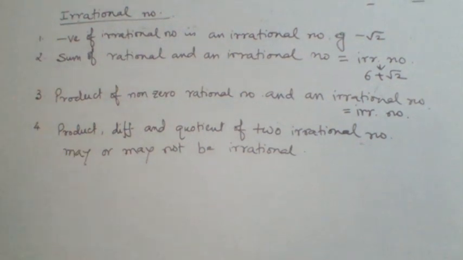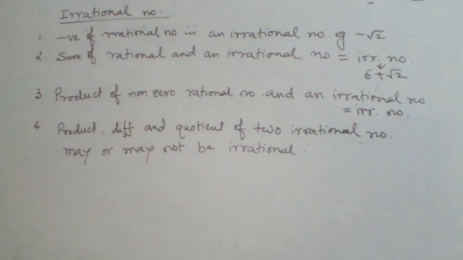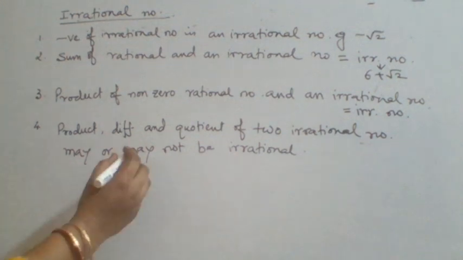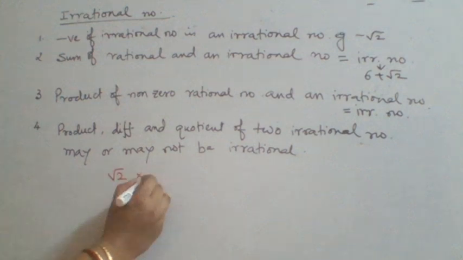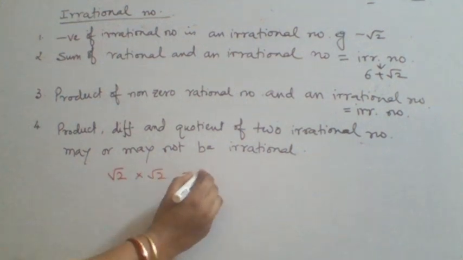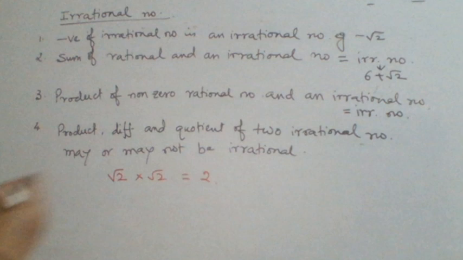Let us see in which cases they are going to be irrational and in which cases they are not. If you take two irrational numbers, say root 2 into root 2, that is the product of two irrational numbers, that gives you 2, which is a rational number, right?